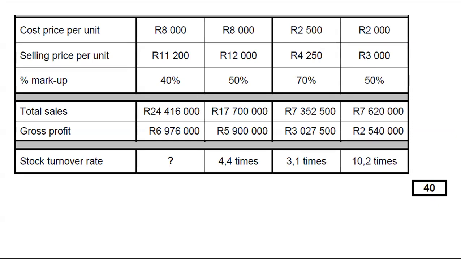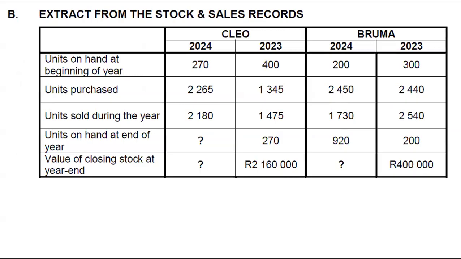Are you aware they told you how many units were sold? How many units were sold for Clio? It is 1,000, 2,180. Those are units that were sold.